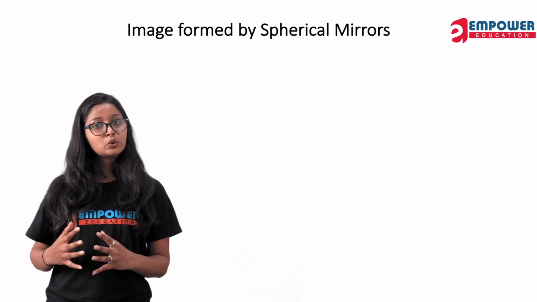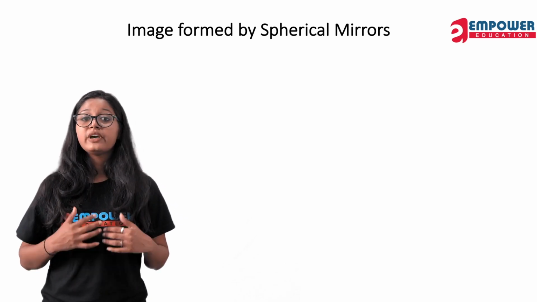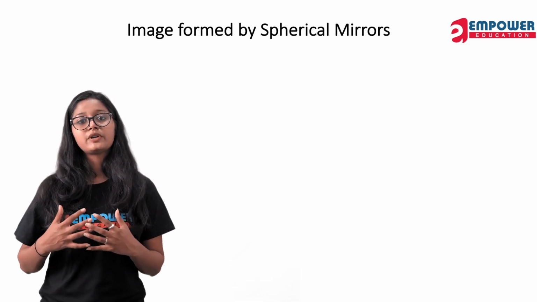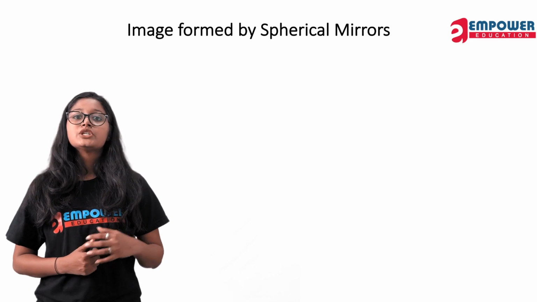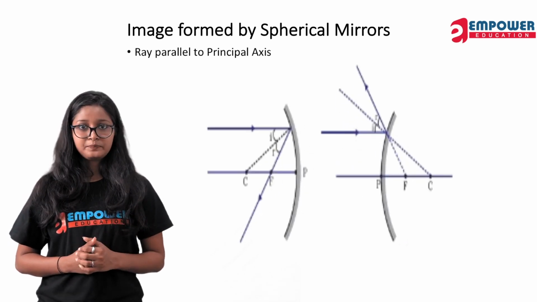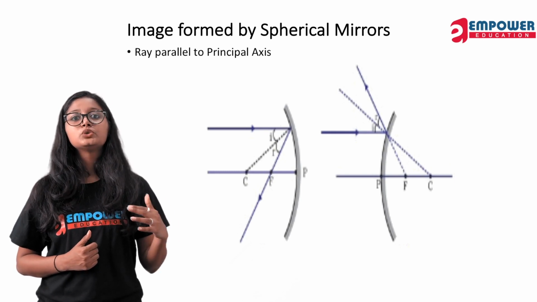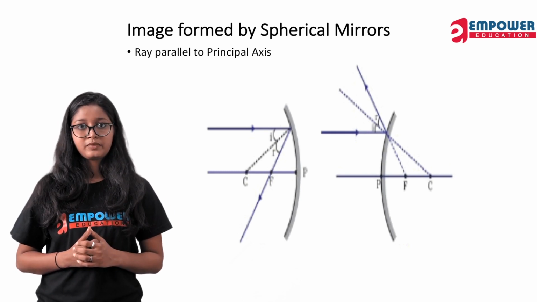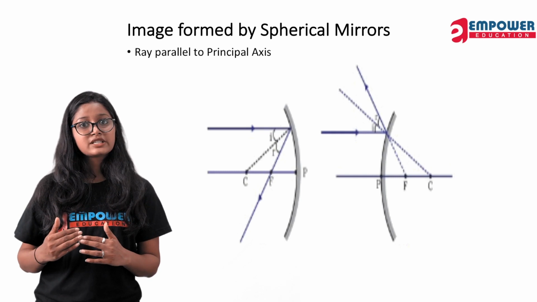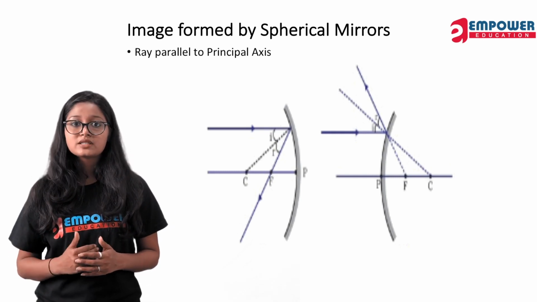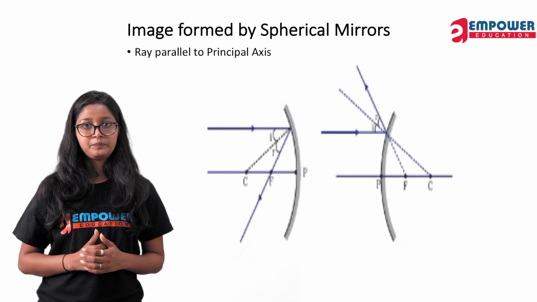There are certain rules which we should know when we are understanding image formation by spherical mirrors. So, the first rule states that when a ray of light parallel to the principal axis strikes the reflecting surface and is reflected back, it passes through the focal point.